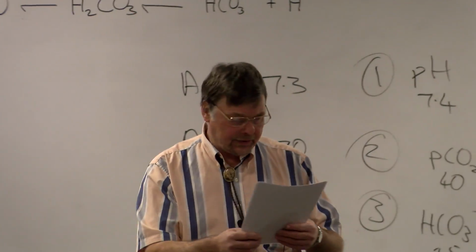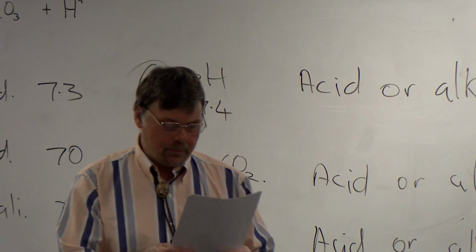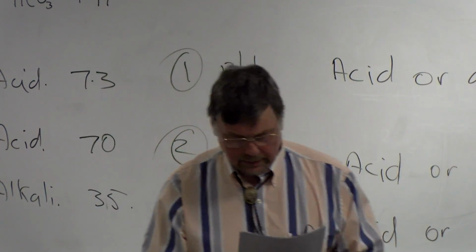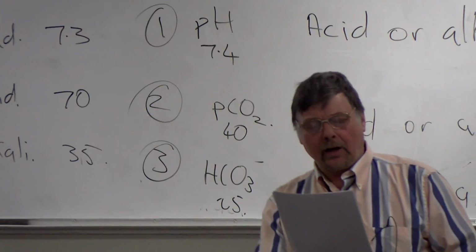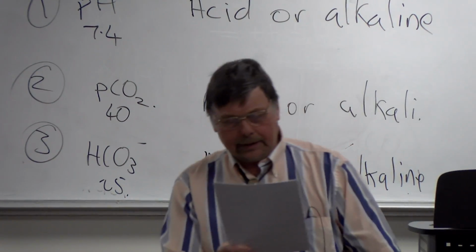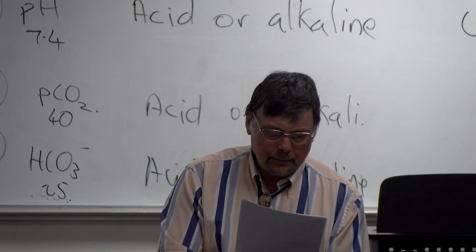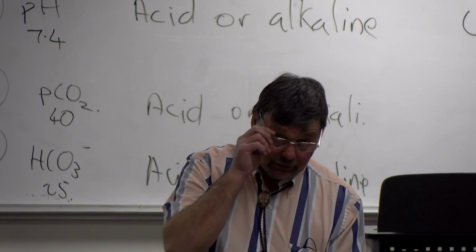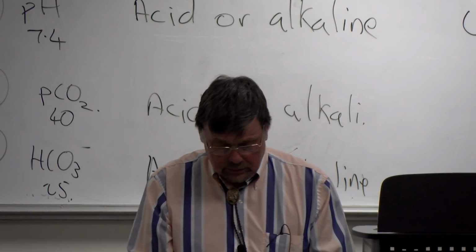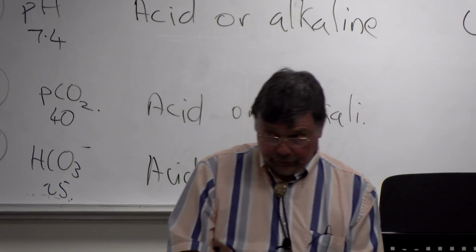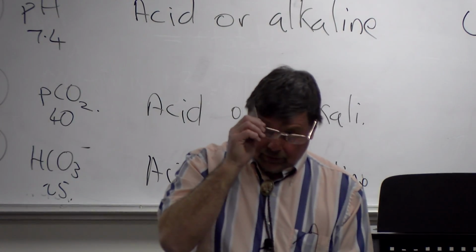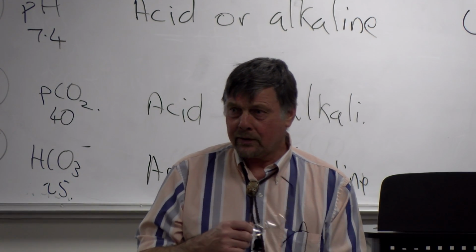So, case 21. A 58-year-old man with a history of chronic bronchitis develops severe diarrhea caused by colitis. The volume of diarrheal fluid is currently about 1 liter an hour, and the illness is in its 4th day. So the arterial pH is 7.0. 7.0 is not compatible with life.